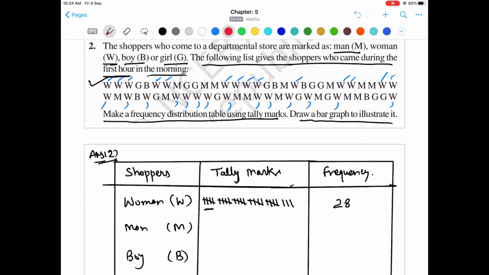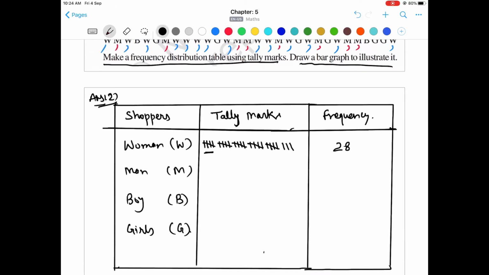Count the M's. 1 2 3 4 5 6 7 8 9 10 11 12 13 14 15. So number of men visiting the department store is 15. So let's write it: 1 2 3 4 5 6 7 8 9 10 11 12 13 14 and 15, and write the number here, 15.